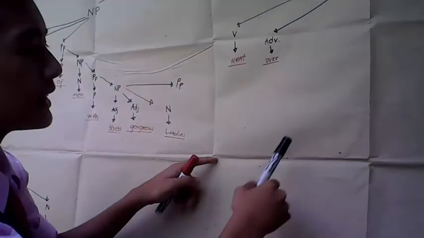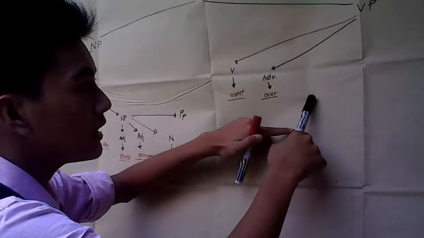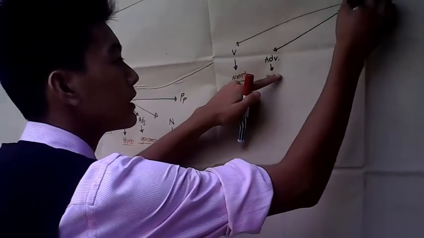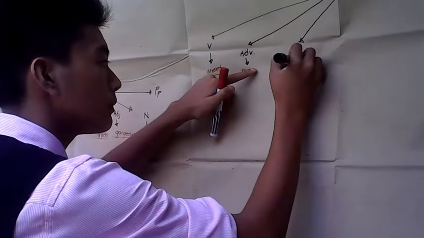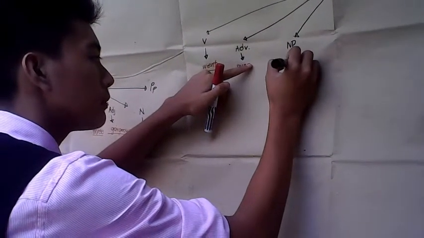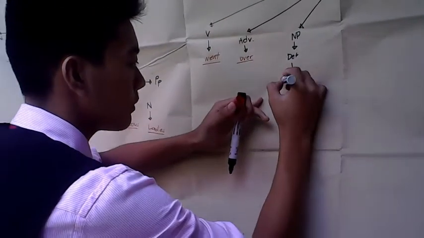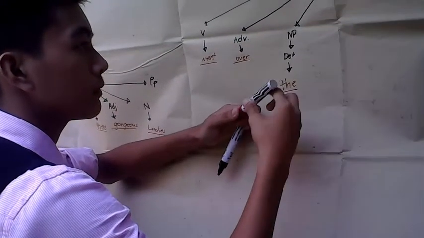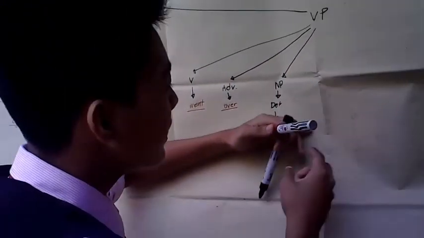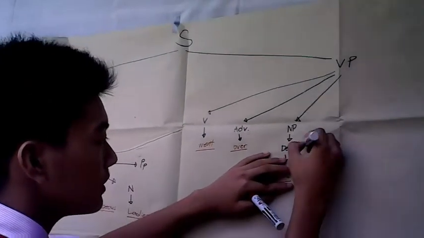The next word is the. The is a determiner, so we will create a new noun phrase, then connect it to the verb phrase. The next word is hills. Hills is a noun.